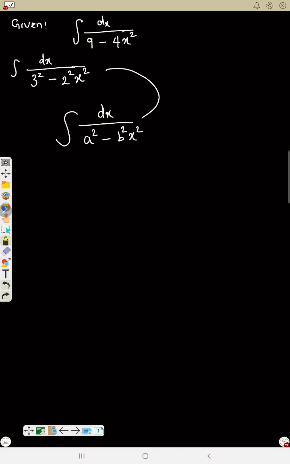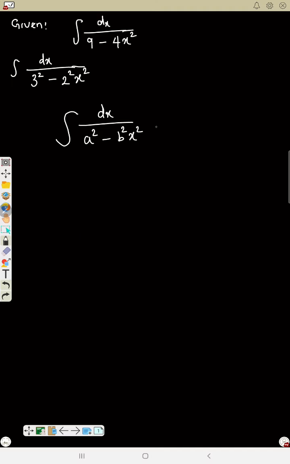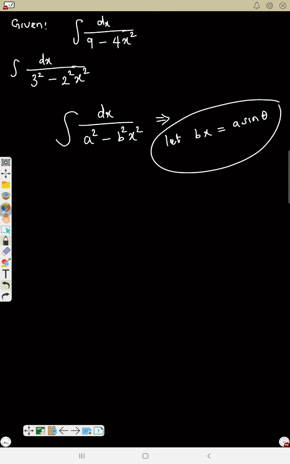Now what do I say the format will represent? Any integral of this form, we will say let bx equals a sine theta. This will be the trigonometric substitution. So let's proceed.